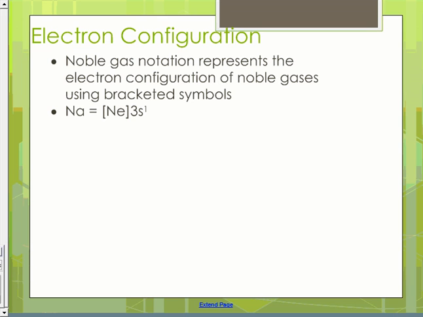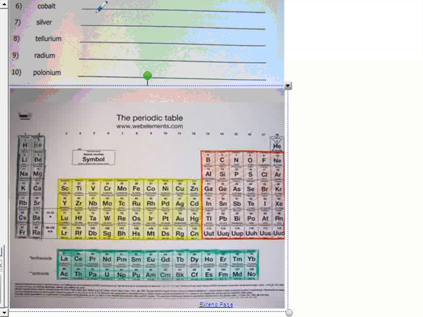So you can see the one here for sodium would be Ne because that's its previous noble gas, 3s1. So let's try that with cobalt here. Cobalt is right here on our table. So we would end up going back to the previous noble gas, which would happen to be argon. So we would go Ar.